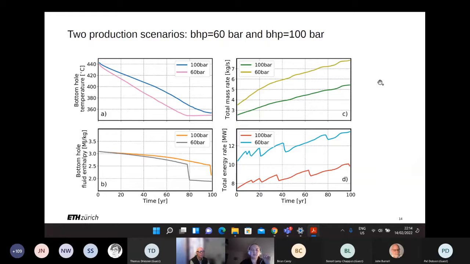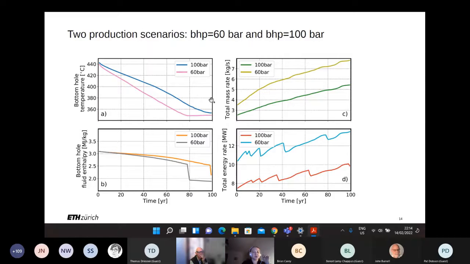On the next slide, I'm comparing two production scenarios with a lower bottom hole pressure of 60 bar and a higher bottom hole pressure of 100 bar from the previous slide. And what we see here in this panel is that with a lower bottom hole pressure, we achieve a higher well rate, which also makes sense, but this comes at the cost of bottom hole temperature of the production well decreasing faster in the lower bottom hole pressure case.